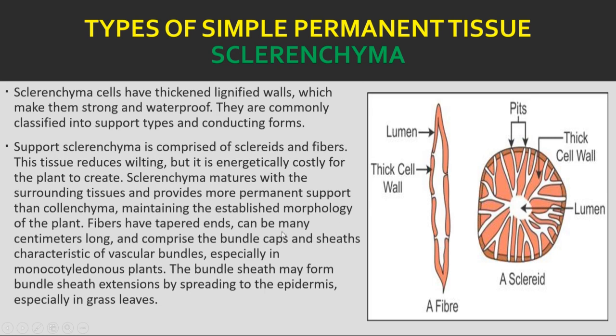Fibers have tapered ends and can be many centimeters long, and comprise bundle caps and sheaths. These are characteristic of the vascular bundles especially in monocotyledonous plants, and the bundle sheath may form bundle extensions by spreading to the epidermis, especially in the grass leaves.